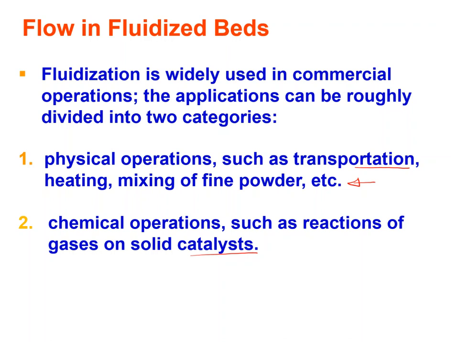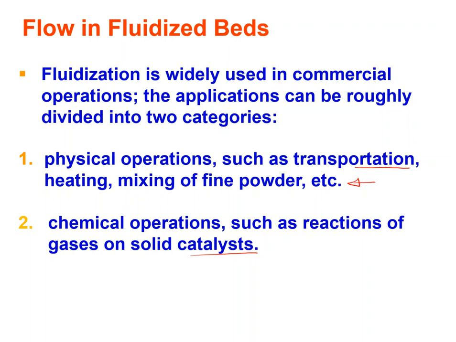So what I have done here is just introduce you to fluidization. We said fluidization is the process where the particles in the packed bed are going to behave as a fluid upon increasing the velocity above the minimum fluidization velocity. We said we have different types of fluidization. We have the particulate fluidization, where the bed is still homogeneous.